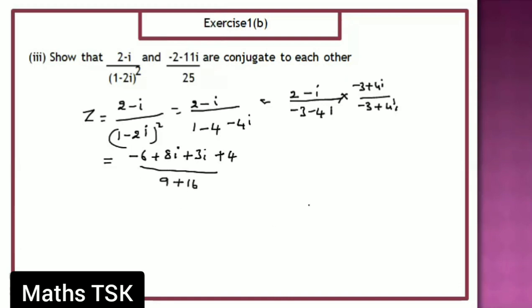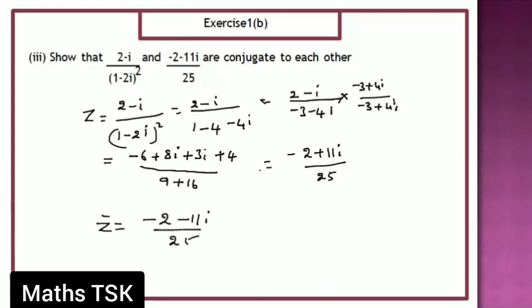A plus ib into a minus ib is a square plus b square. So this becomes minus 2 plus 11i by 25. This is the value of z. So what is z bar? Z bar is minus 2 minus 11i by 25.